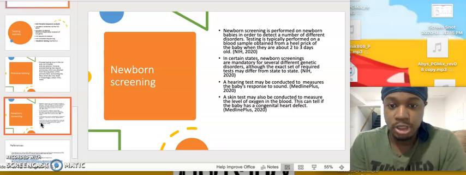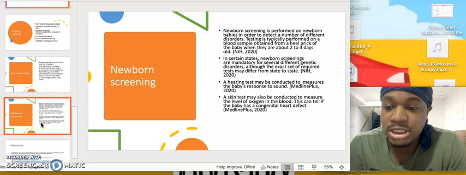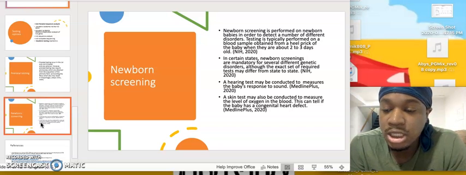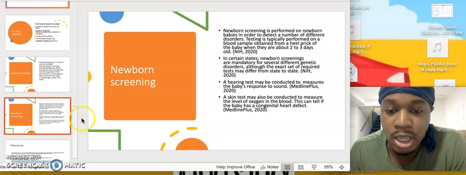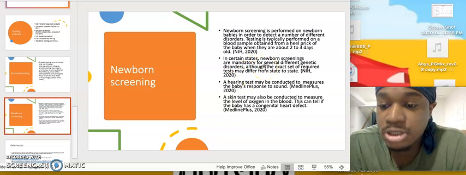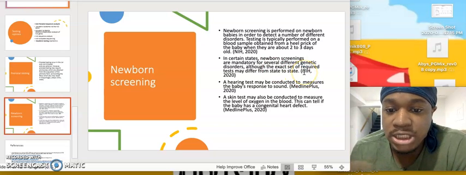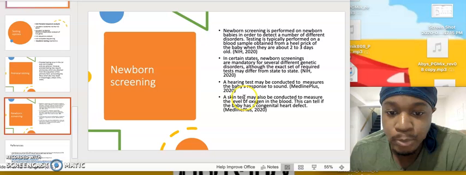The newborn screening is typically done on a blood sample that's taken from the heel prick of the baby when they are about 2 to 3 days old, and this testing is mandated in certain states, although the exact set of required tests differs from state to state.